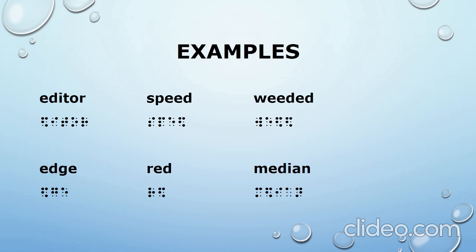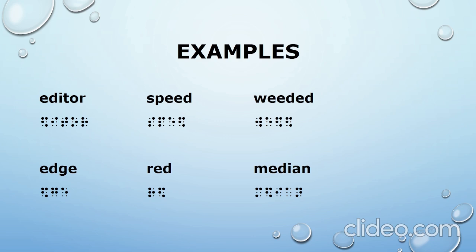But since we can contract the first 2 letters, which are ED, we are now able to use 5 cells. Again, the contraction for ED has dots 1, 2, 4, and 6. So we write editor first with the contraction of ED, followed by I, T, O, and R.